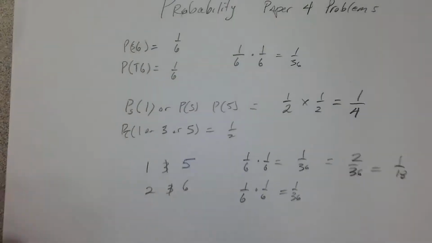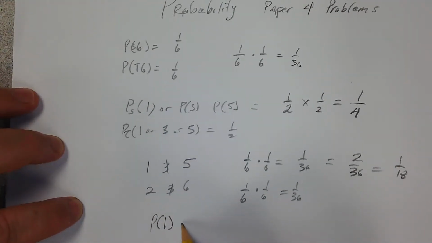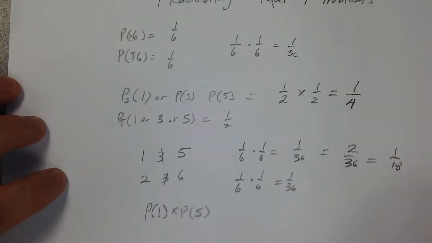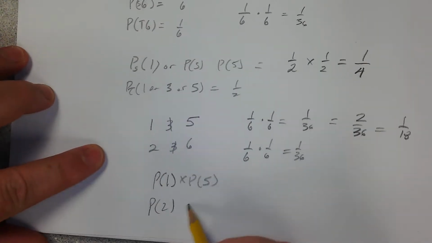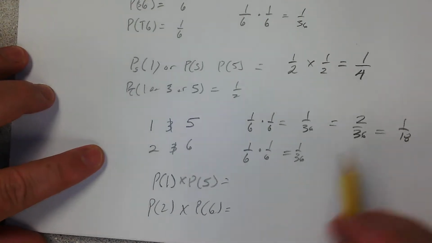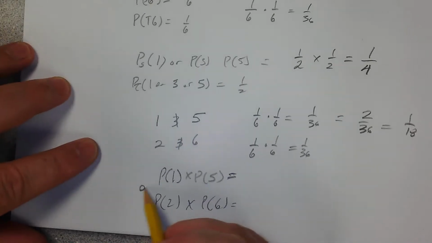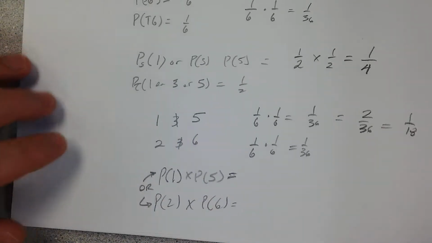So the probability of getting a 1 and then the other person getting a 5, that's an and, so that would be multiplied. That's why it's 1/6 times 1/6. Same here: probability of a 2 and then the probability of a 6. That's also multiplying. But the reason we're adding these together is because there are 2 ways for this to happen. It could be this way or it could be that way. And that's why we're adding.